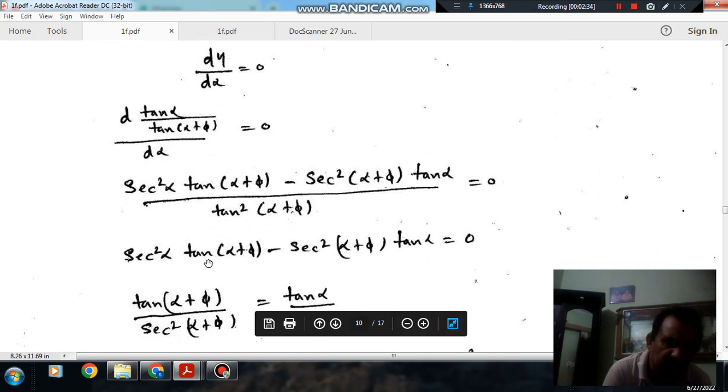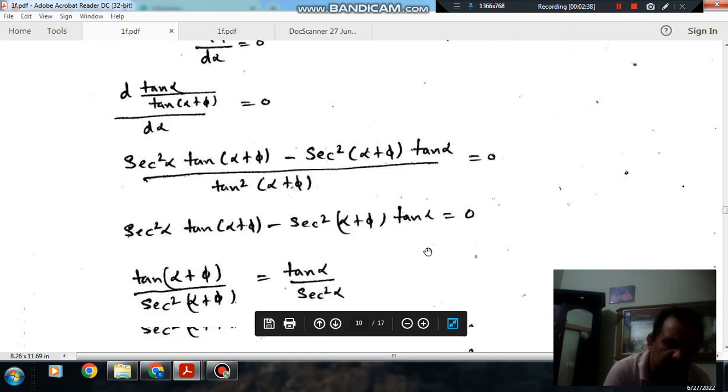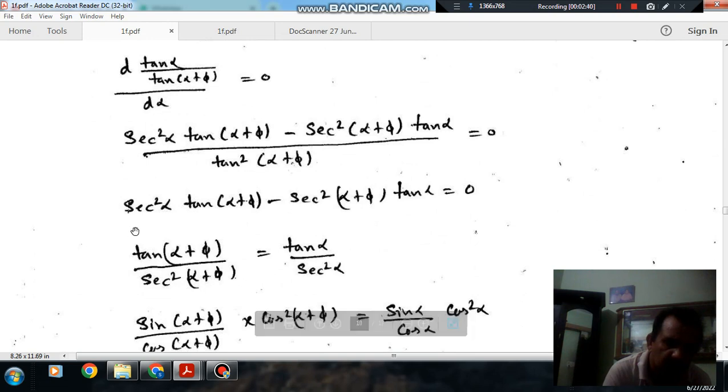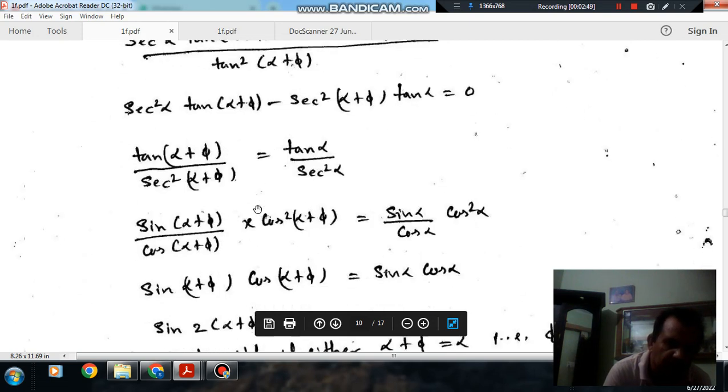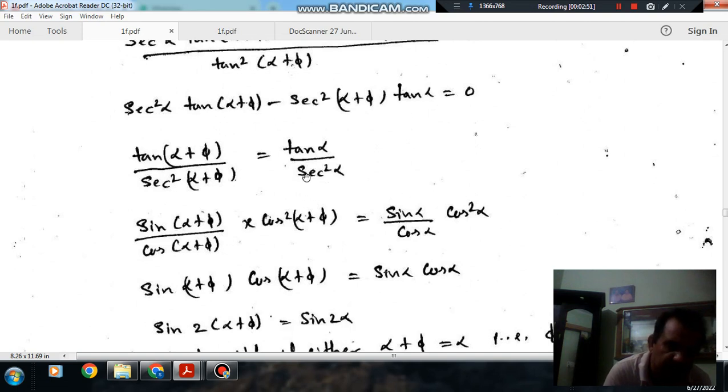So secant square alpha tangent alpha plus phi minus secant square alpha plus phi tangent alpha. So tangent alpha plus phi divided by secant square alpha plus phi is equal to tangent alpha divided by secant square alpha.